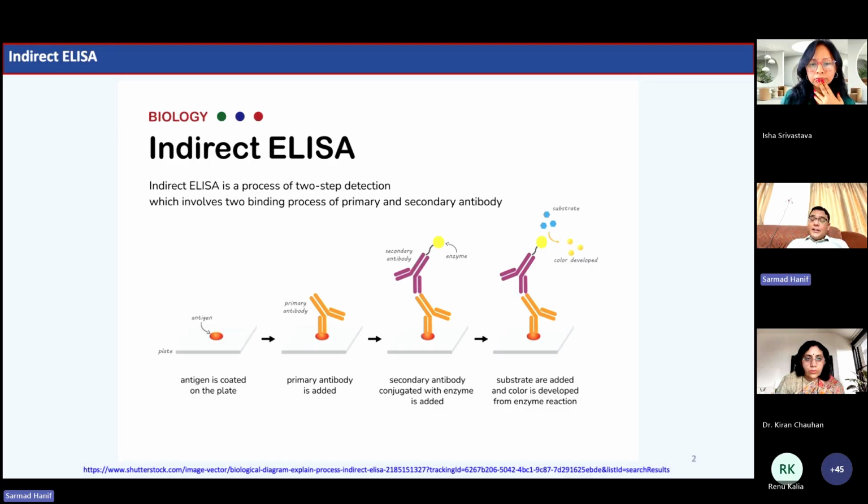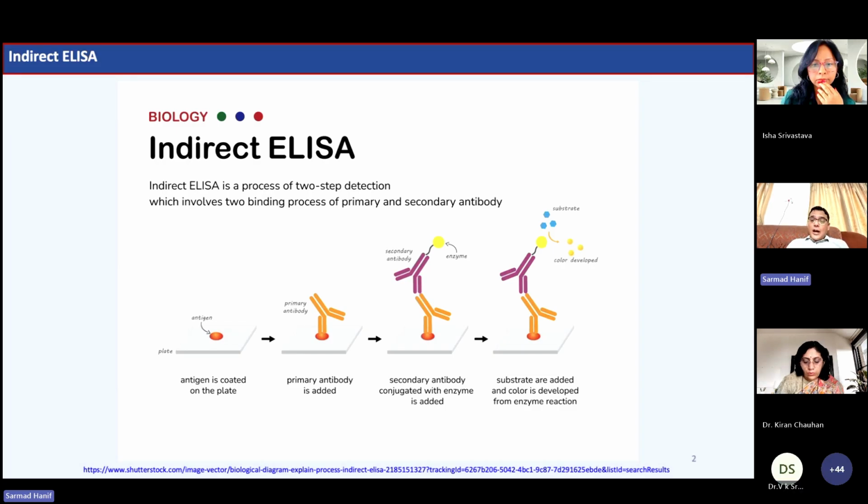After this, we put the substrate. What is the substrate? Generally, it is tetramethylbenzidine, which is specific for the enzyme. The moment we put the substrate, there is a color change, and that color change we estimate.